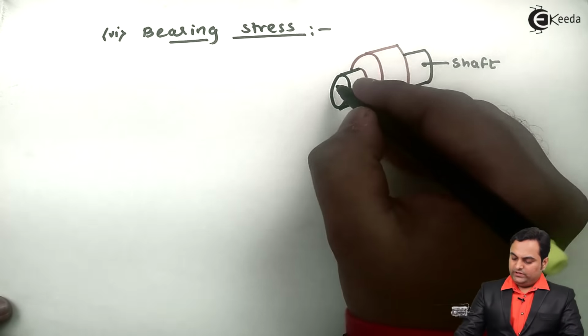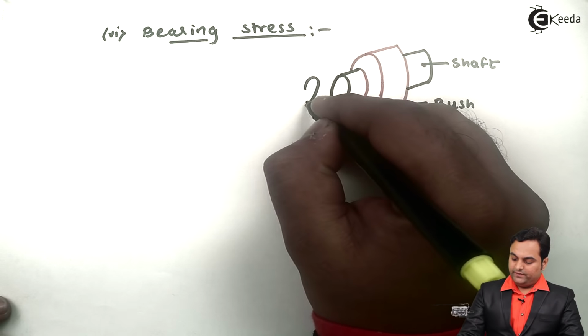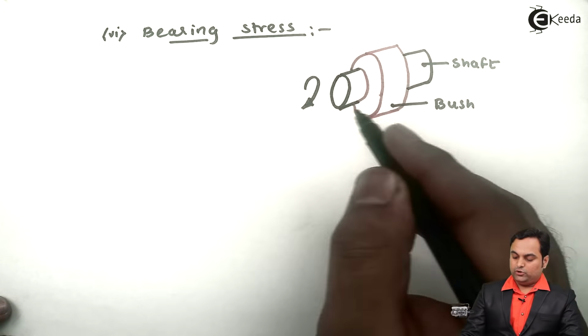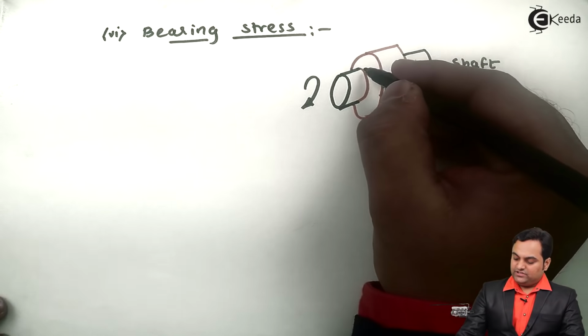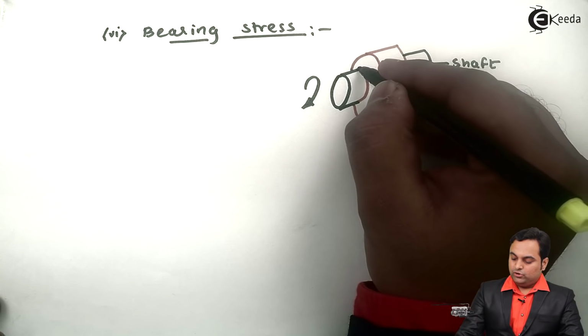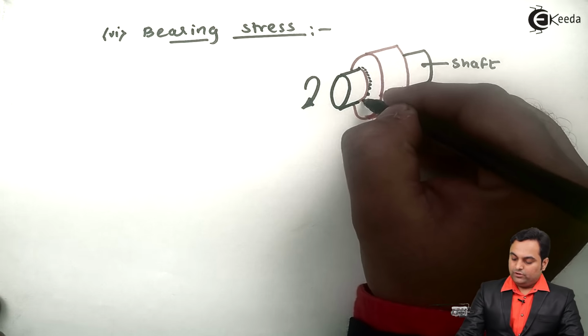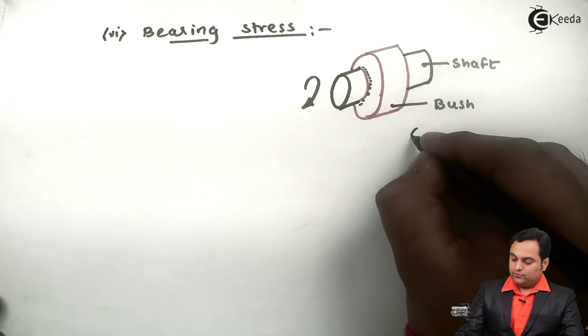Now what happens when this shaft is rotating, that is when we provide torque, there are chances of this bush getting worn out, because the material of the bush is mostly soft.